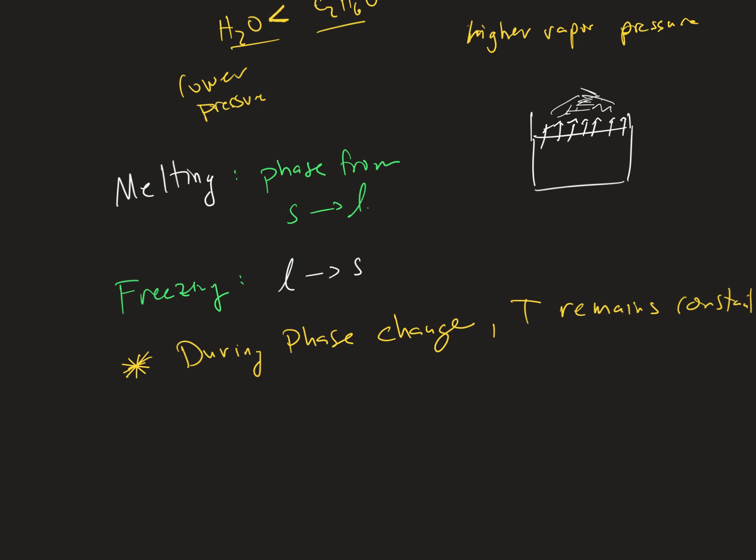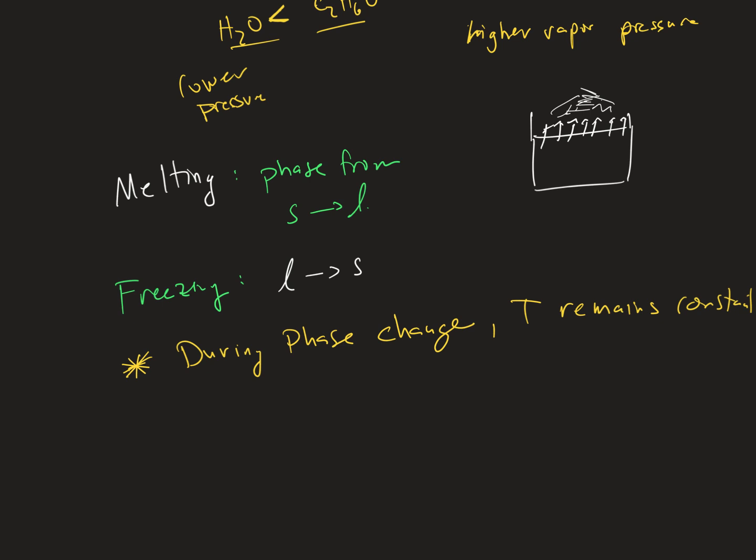So as you have a pot of water and you're trying to boil it, once you reach that boiling point, the temperature of that water will not change. Even though we continue to give it energy to keep boiling it, it's going to stay 100 degrees Celsius or 98 at this elevation. It's going to stay at that boiling point until it's all vaporized. And if you continue to give it energy, now it'll increase temperature.